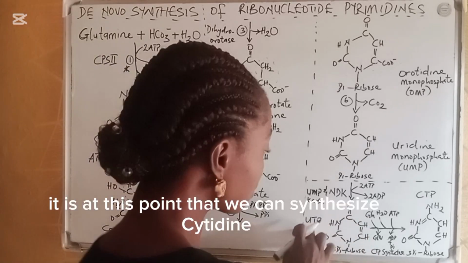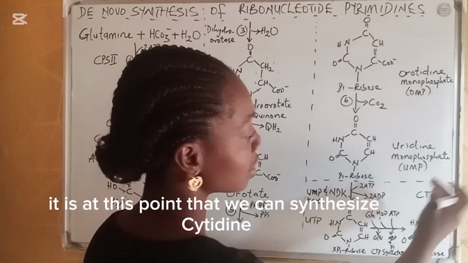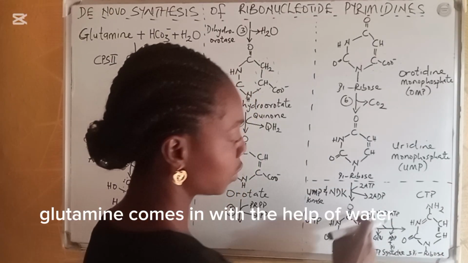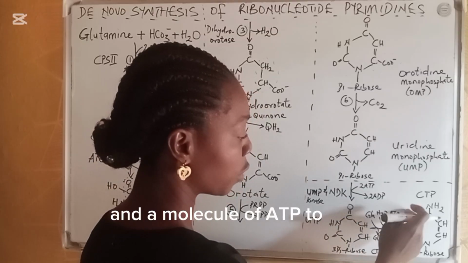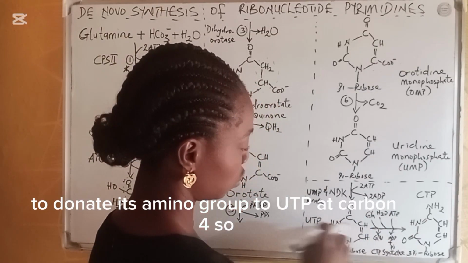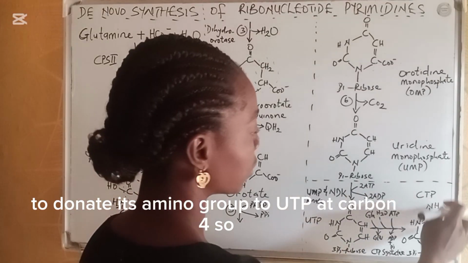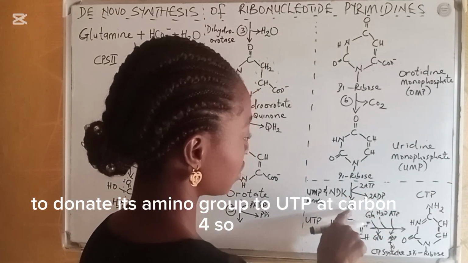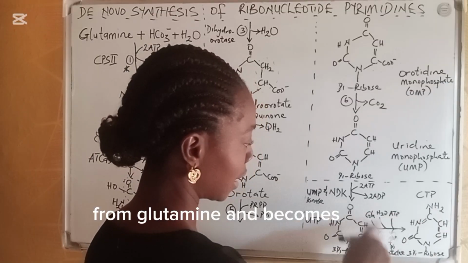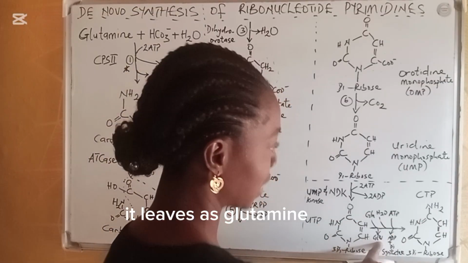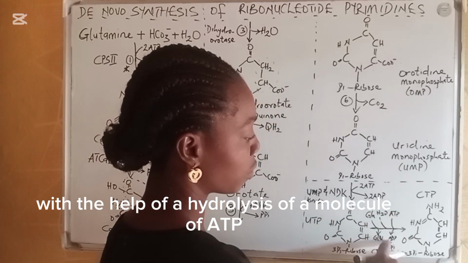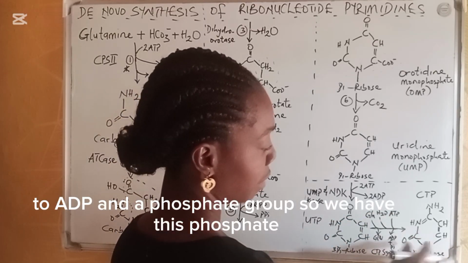And then it is at this point that we can synthesize cytidine nucleotide from uridine nucleotide. How do we do that? Glutamine comes in with the help of water and a molecule of ATP to donate its amino group to UTP at carbon 4. So this oxygen atom is replaced with an amino group from glutamine, and it leaves as glutamate with the help of hydrolysis of a molecule of ATP to ADP and a phosphate group.